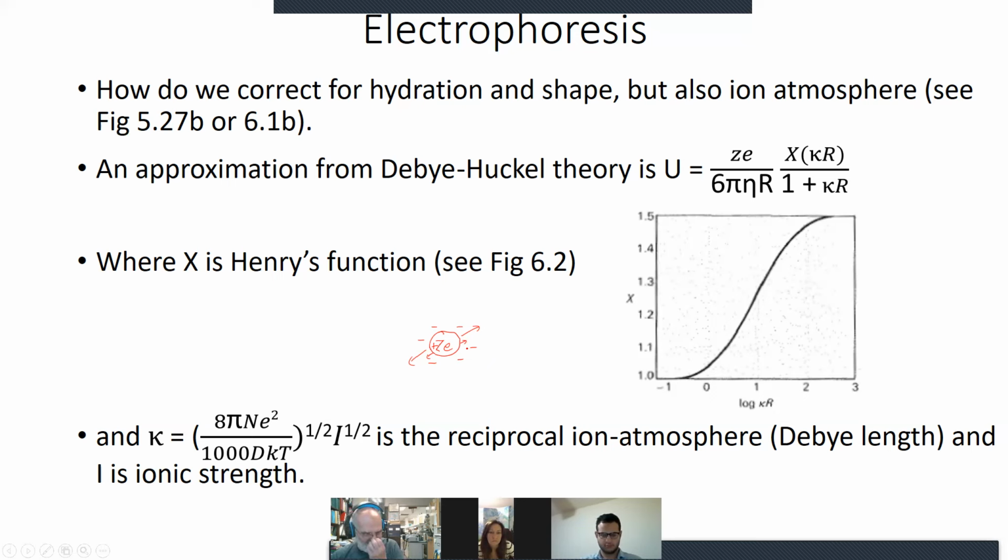Later, maybe, I'm still not sure about timing of things. If you have solutions that are very dense, like cellular environments, then Debye lengths become critical because everybody is really, really close.